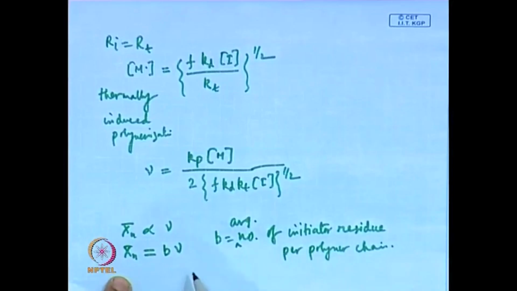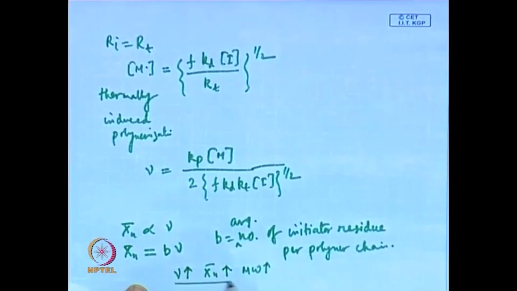So if the kinetic chain length goes up, the average degree of polymerization will go up, hence the molecular weight will also go up. That is the importance of kinetic chain length: if it goes up or goes down, then accordingly the molecular weight goes up or goes down.